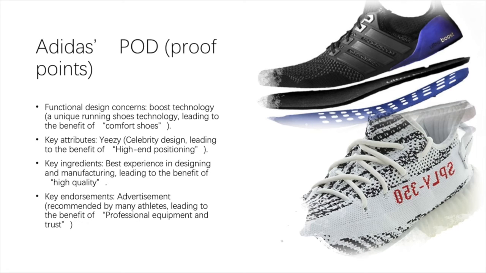Therefore, through the above benefits, Adidas has compelling proof points for its customers. Like Professor Keller said, having compelling proof points and reasons to believe are often critical to the deliverability aspect of points of difference.